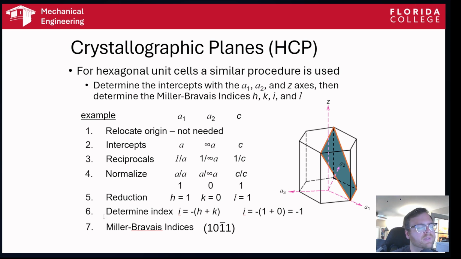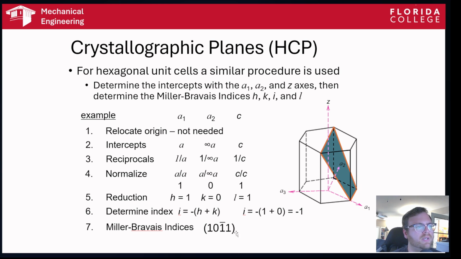So that's the little thing that's a bit different. In this case, I is negative (h plus k). So if we were to write this out, it's equal to negative (1 plus 0). So you get negative 1.